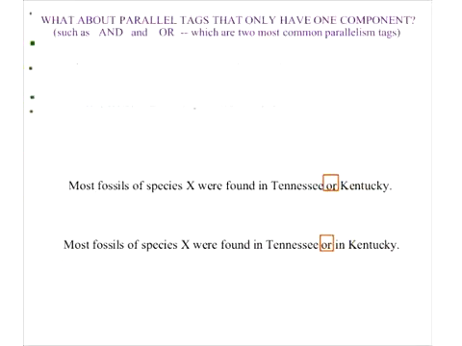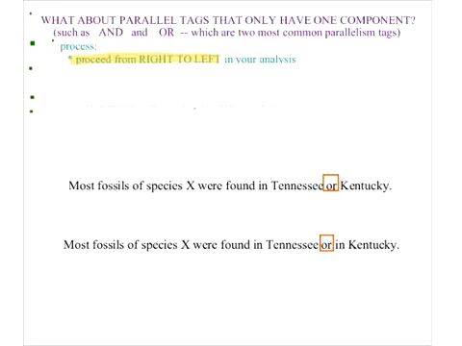Now, if you look at these constructions, you've got two parts that are parallel. You have the Tennessee part and the Kentucky part. But only one of these actually follows a tag. So what you've got to do, and this is very counterintuitive, is reason from right to left in your analysis. This is very important, because the right part is tagged and the left part is not tagged.